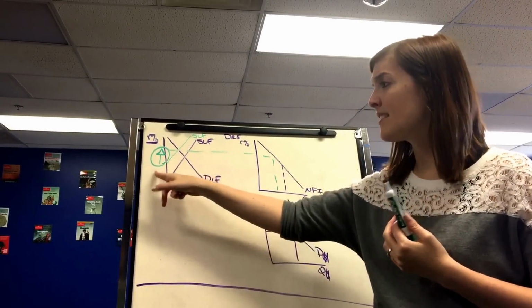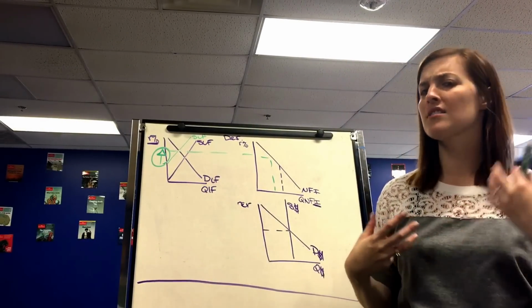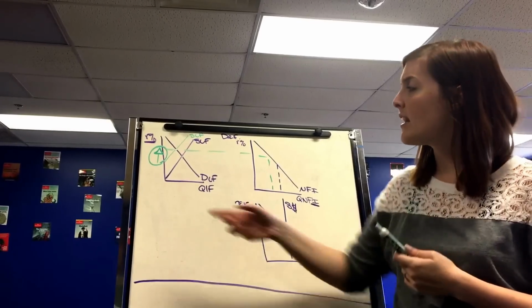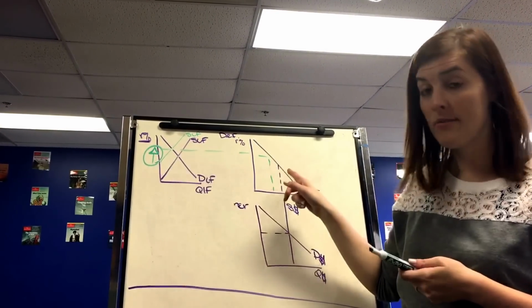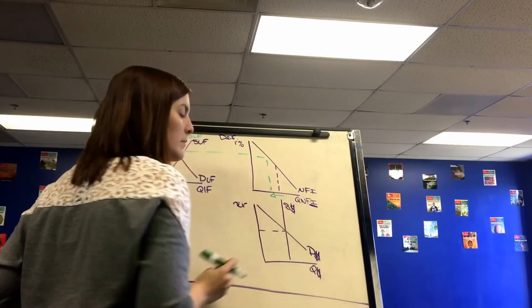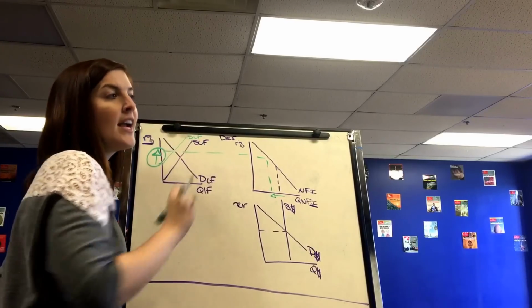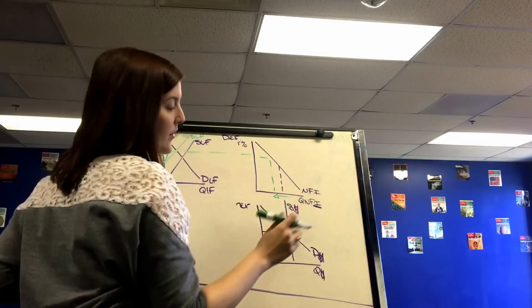We're going to want to invest in us. We're going to be the lender for America. We're going to invest in stocks and bonds and all of this stuff in America and not invest in other countries, which is why the increase in real interest rates decreases net foreign investment, because we're keeping our investment here where the interest rate is higher and not spending money in another country.